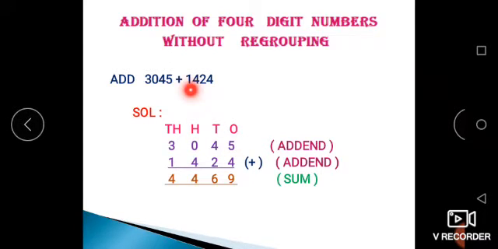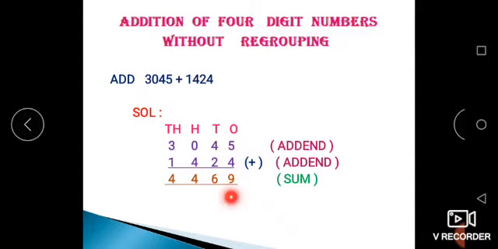Then the next number: 1 thousand, 4 hundreds, 2 tens and 4 ones. The first two numbers are called addends.